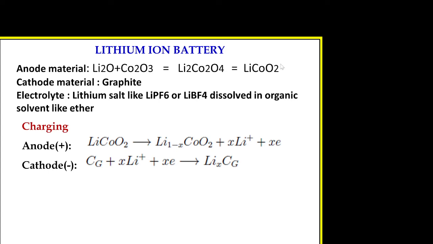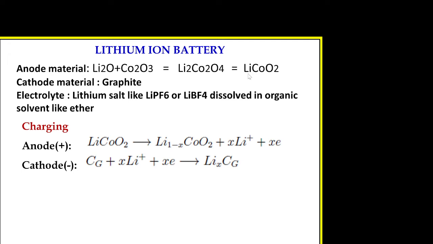So this crystal is made out of an O2 minus array, where face-centered cubic lattice points are occupied by the oxide array, and lithium plus and cobalt 3 plus ions occupy the octahedral and tetrahedral voids respectively.